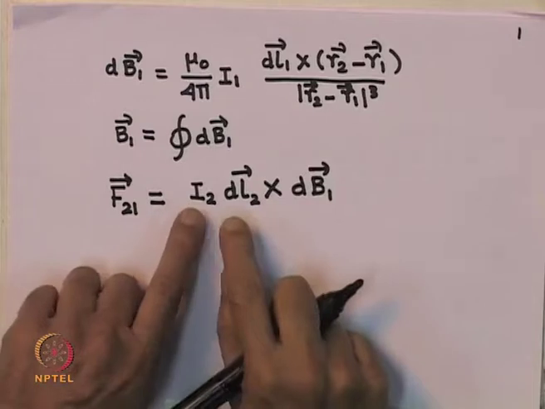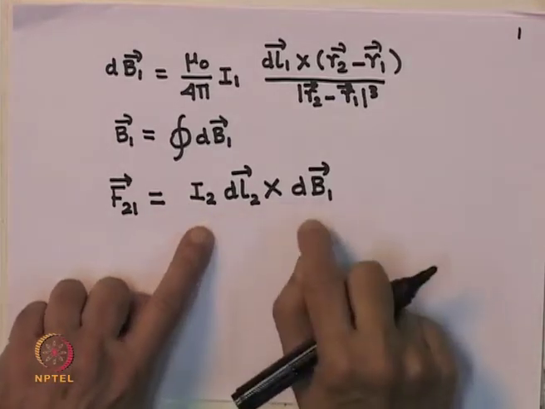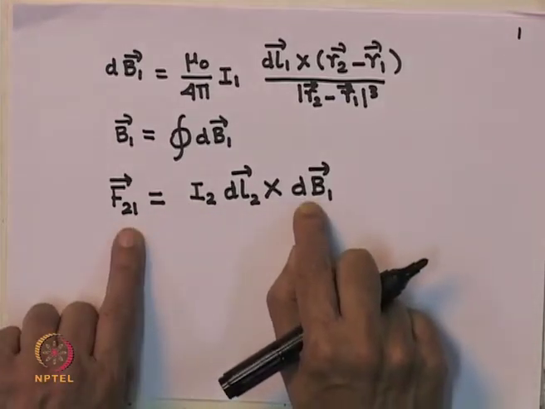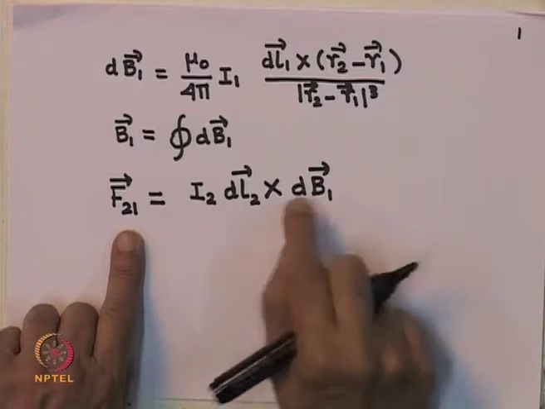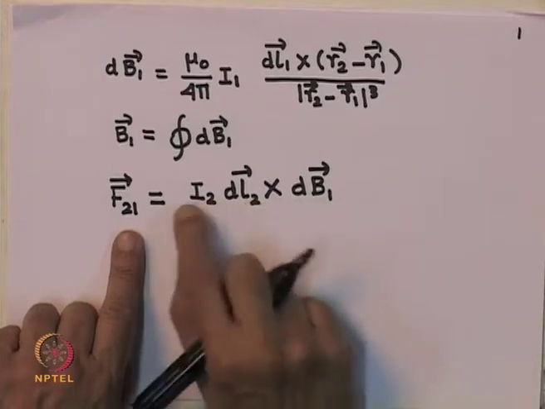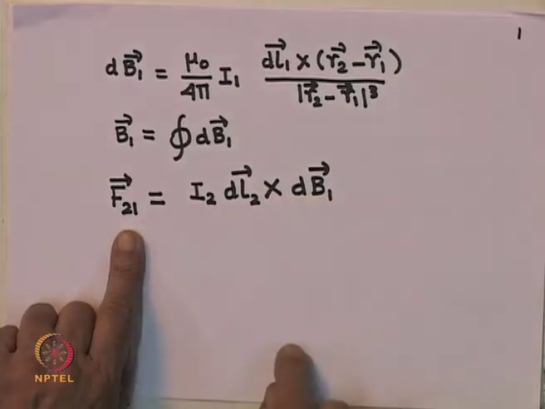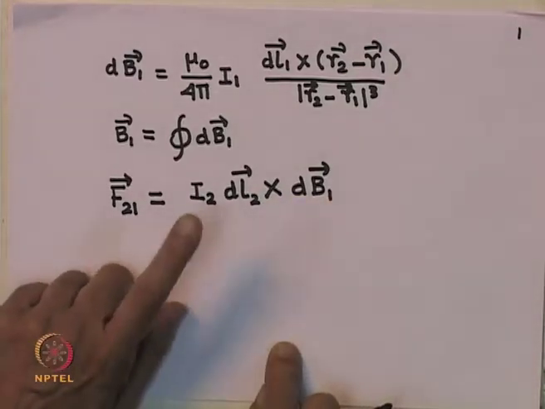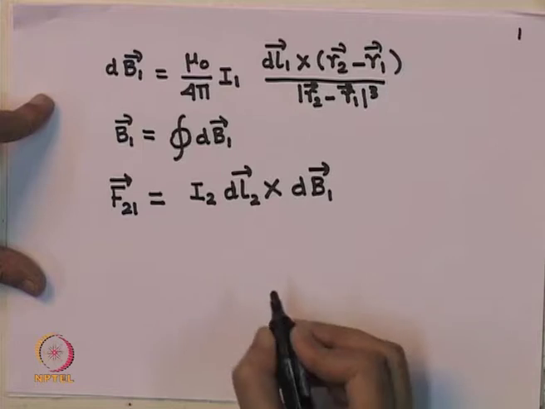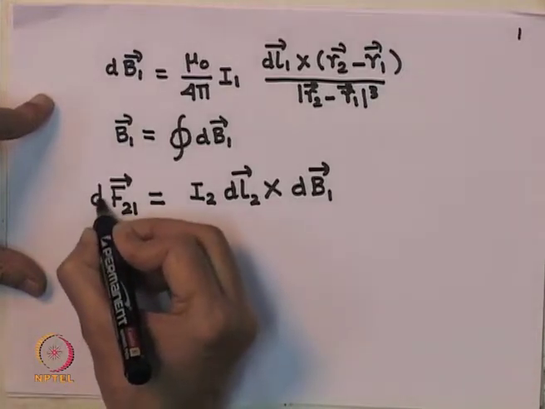So, this is analogous to v cross B. So, dB1 is the magnetic field due to the current element dL1, and this is I2 dL2. So, this is acting on this. Okay. Now, what I need to do is this, what is my total? Let us call it dF1 for convenience.